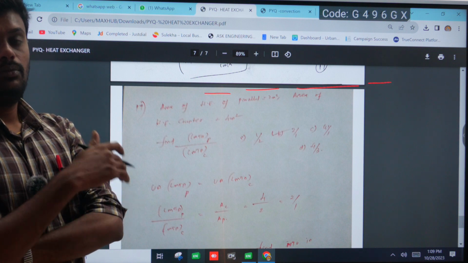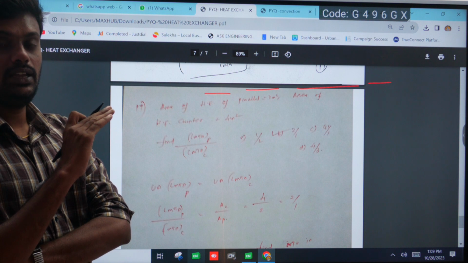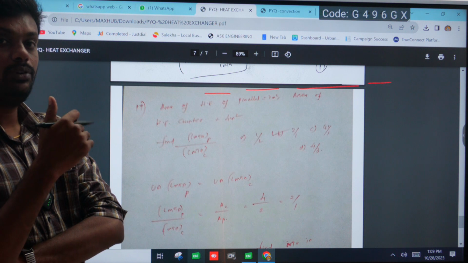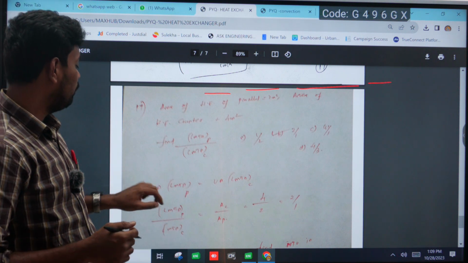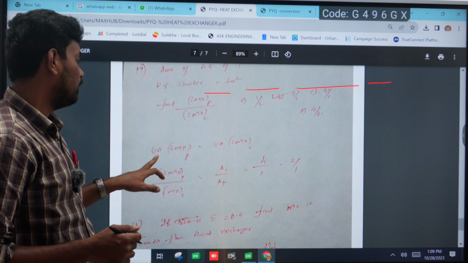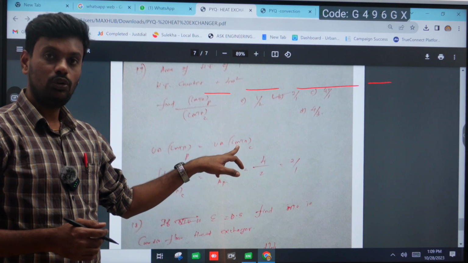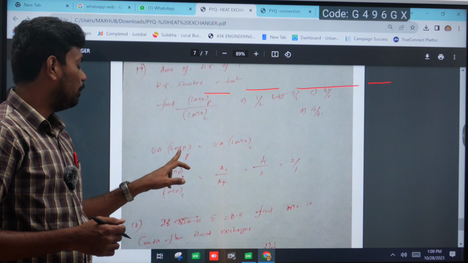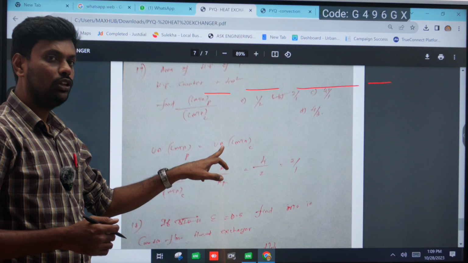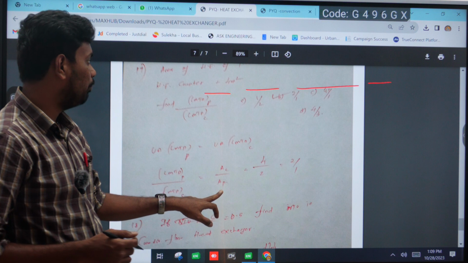So what is the formula for that? UA into LMTD parallel flow is equal to UA into LMTD counterflow. Now you just take LMTD parallel flow divided by LMTD counterflow. Here what remains is the area of the counterflow by the area of the parallel flow.